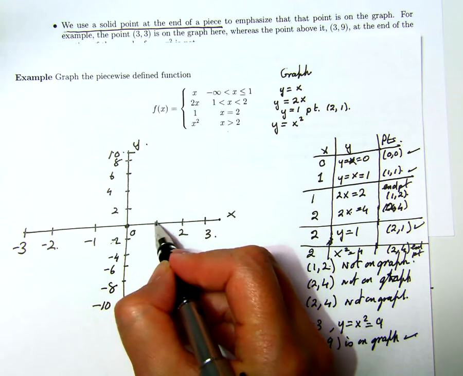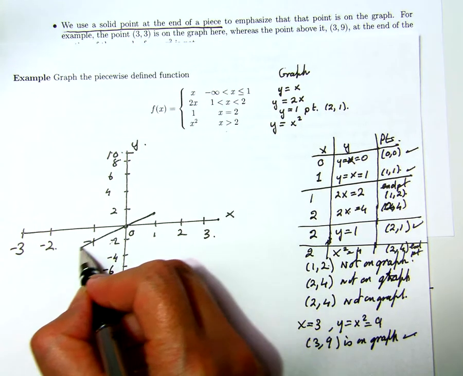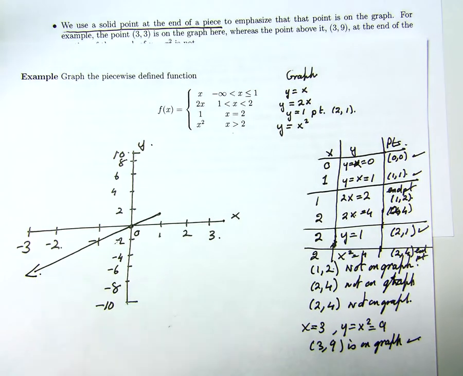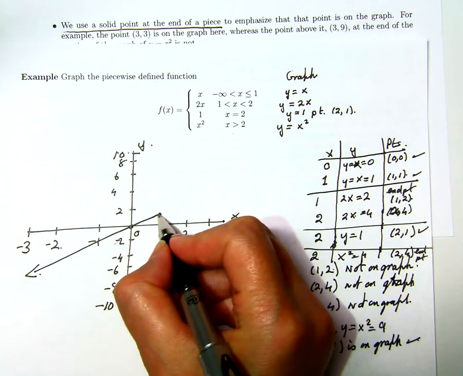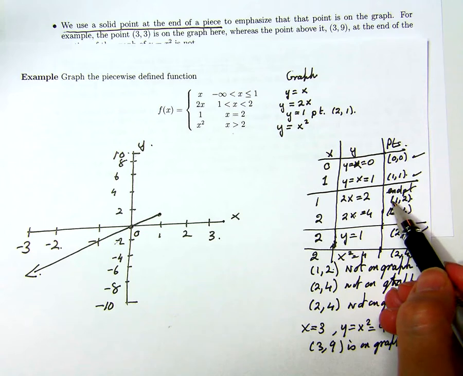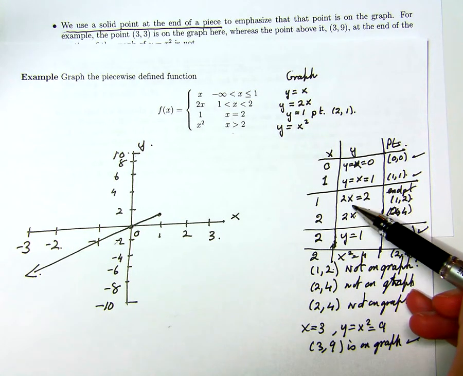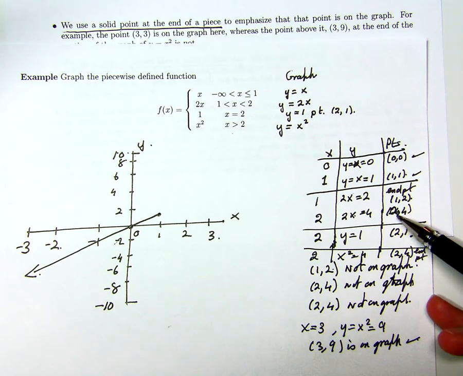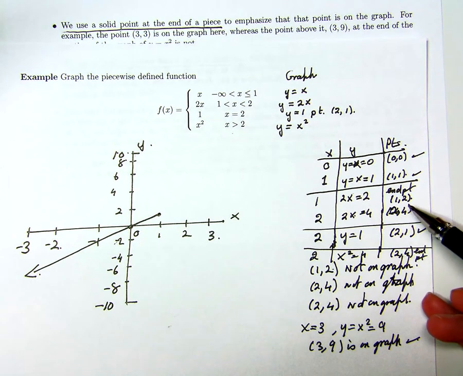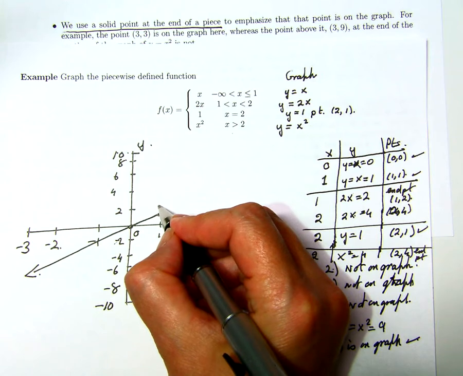So there's 0, 0, here's 1, 1, and basically that line y equals x that joins those 2 points to the left of 1 is part of the graph, including this point at the end, 1, 1. The next part of the graph is the graph of y equals 2x, but it doesn't include these endpoints 1, 2, and 2, 4, but nevertheless they can guide us as to what the graph looks like.